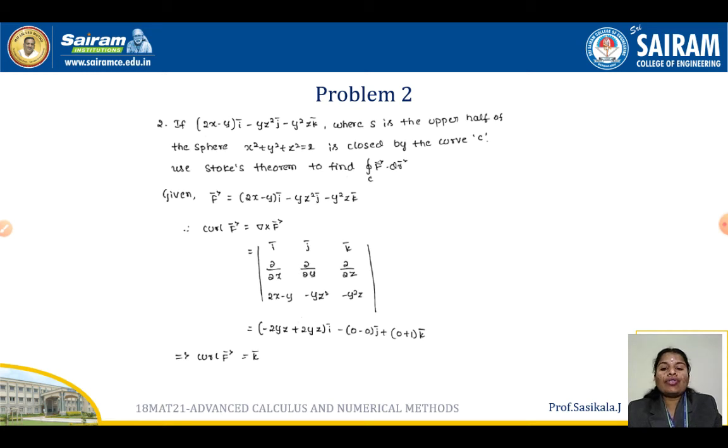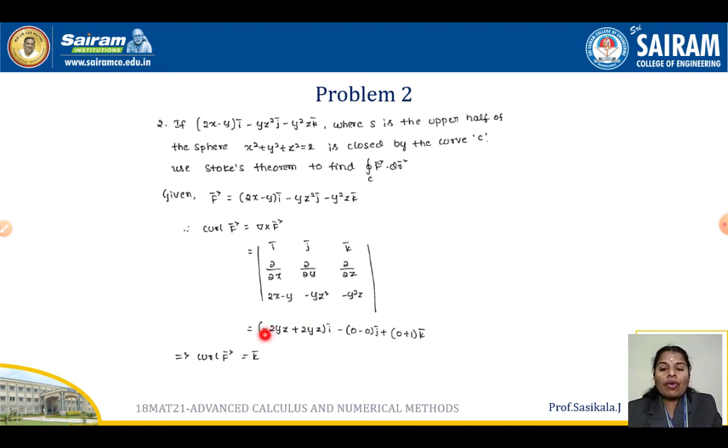So first step, as per the Stokes theorem, it is expressed as a double integration of the curl, right? So first I need the curl of f vector. For that reason, using your f vector, find del cross f vector. That is the determinant with i vector, j vector, k vector, dou by dou x, dou by dou y, dou by dou z, and 2x minus y, minus y z square, minus y squared z.